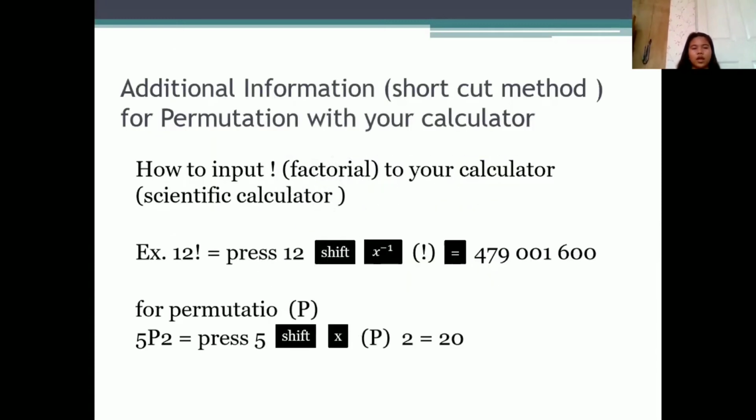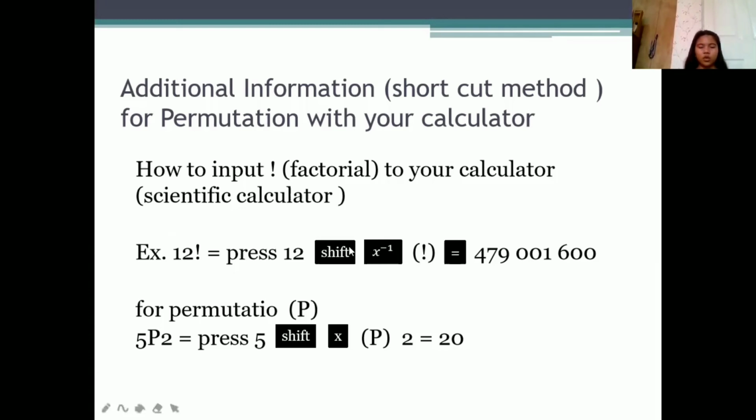So I have here additional information, a shortcut method for permutation with your calculator. If you have a scientific calculator, how do you input factorial? For example, 12 factorial: you press 12, then shift and the x with the -1 exponent.